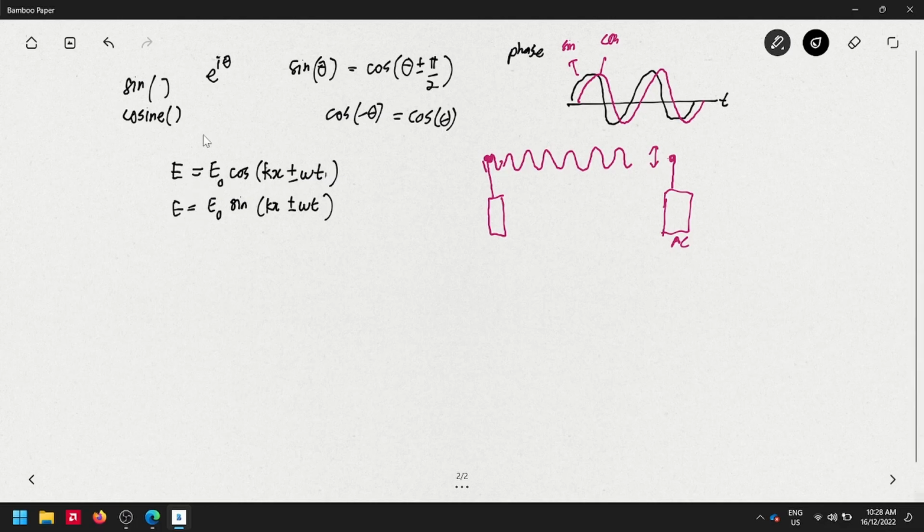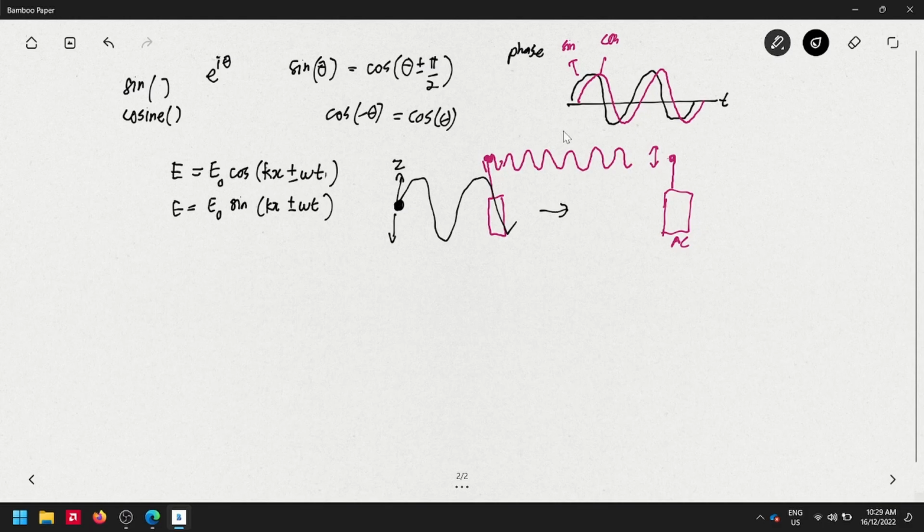But now I want to make you understand whether the wave is propagating towards the positive x direction or the negative x direction. So I have my oscillator over here. It is oscillating along the z direction, but eventually the wave seems to be moving in a certain direction.